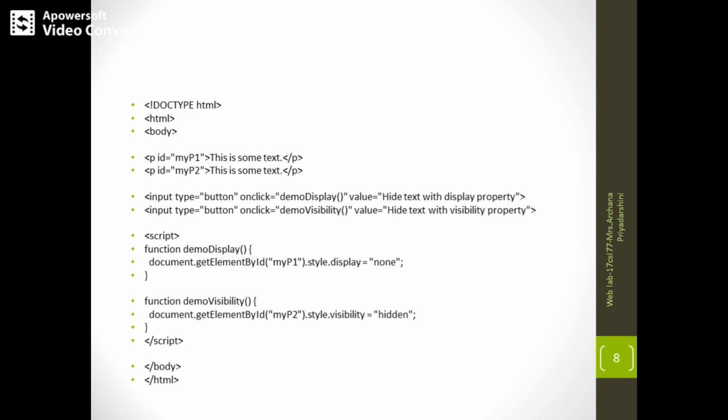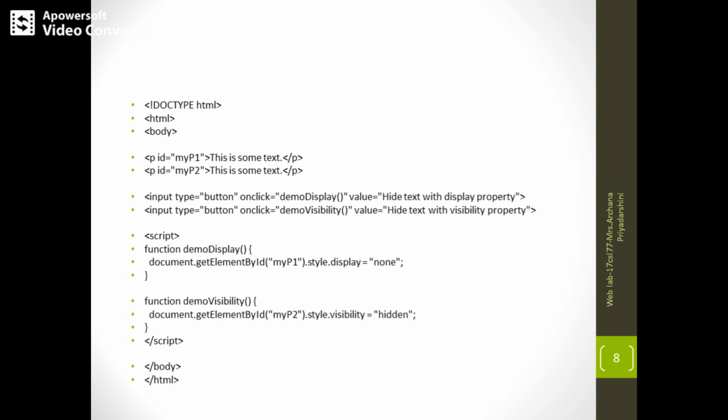The text whose visibility is hidden will be displayed at the beginning, and when we click the button that is supposed to hide the text, another text will be visible.